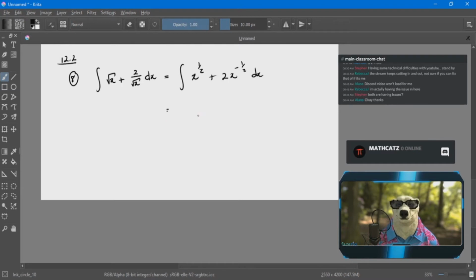I'm building an antiderivative. Everything is the same. So when I look at x to the 1/2, I'm trying to see what could that have come from. Well, it has to be x to the 3/2, so that when I take the derivative, my power rule is going to decrease that. I'm going to get x to the 1/2.